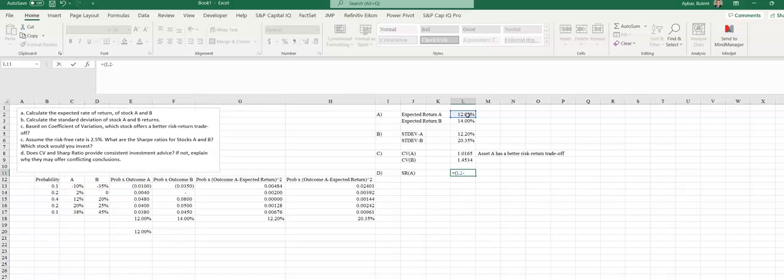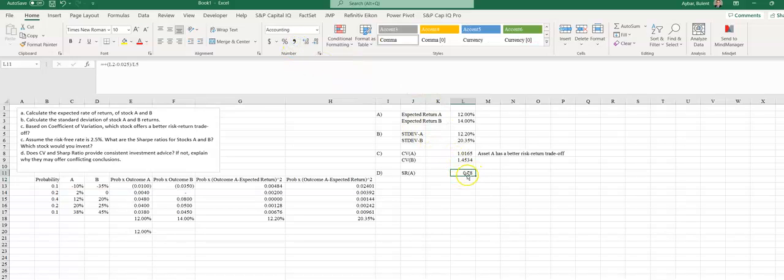In order to write 2.5%, I'm going to write 0.025, or I can just simply write 2.5%, but I'll put it in decimals in this case, the same thing, divided by the standard deviation, which is 12.20. As you can see in here, let's make this 2 decimals. So the Sharpe ratio of asset A is 0.78.